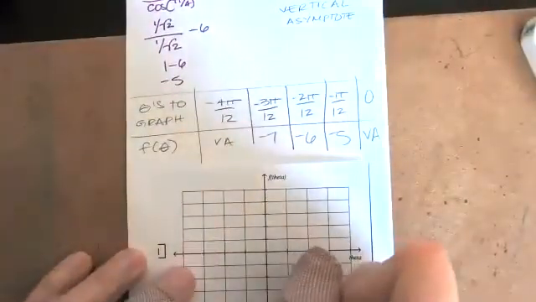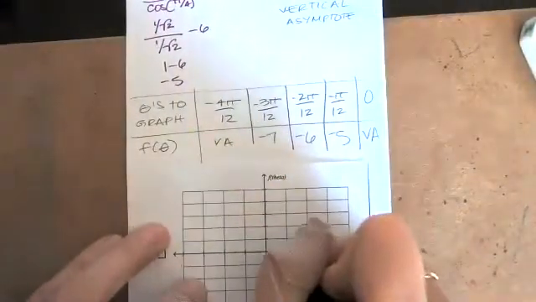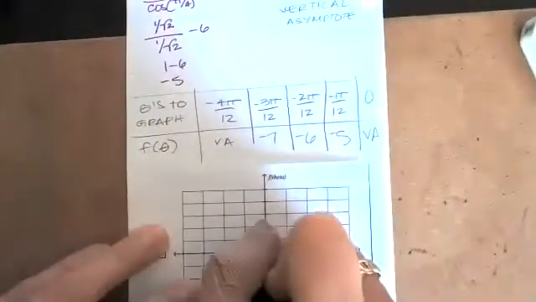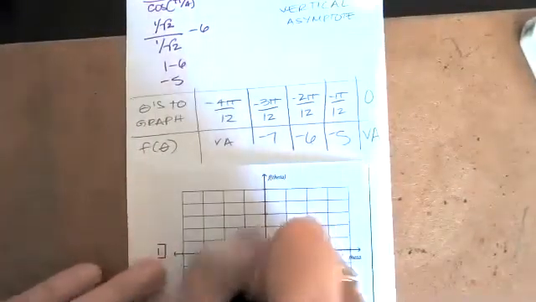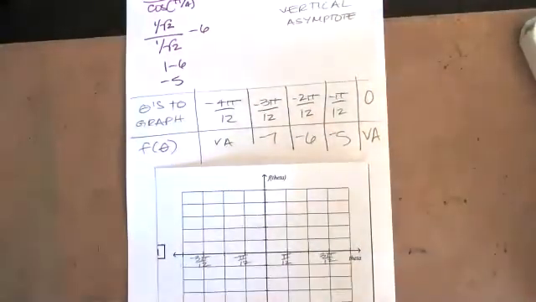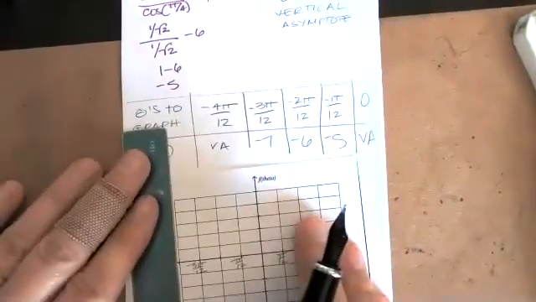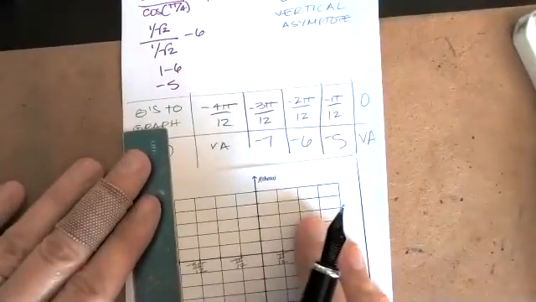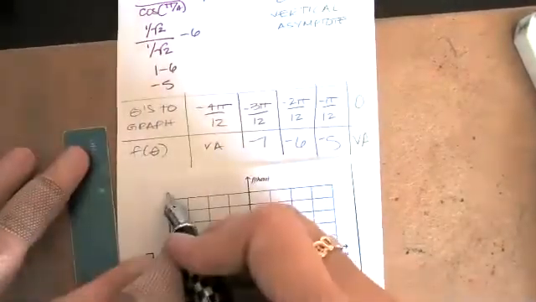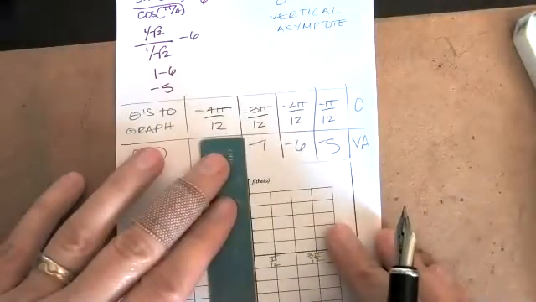So if we go by 1, 2, 3, 4, that will work. So pi/12, 2pi/12, 3pi/12, -pi/12, 2, 3. So we have vertical asymptotes here at negative 4 pi over 12. We have one on the vertical axis.